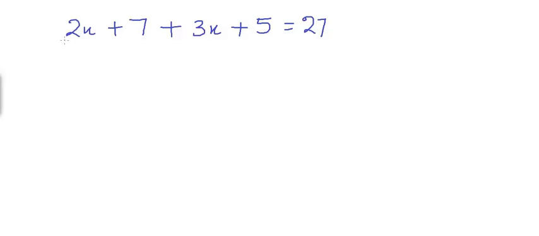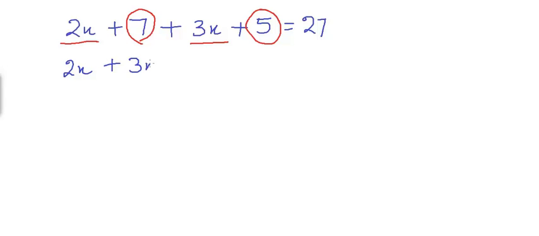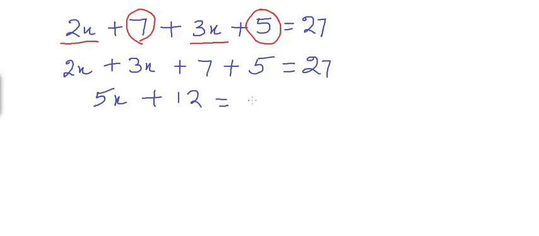Before building an expression, we need to add the like terms on the left-hand side, so the equation changes to 2x plus 3x plus 7 plus 5, which is equal to 27. Then we simplify this further, which turns into 5x plus 12, which is equal to 27.